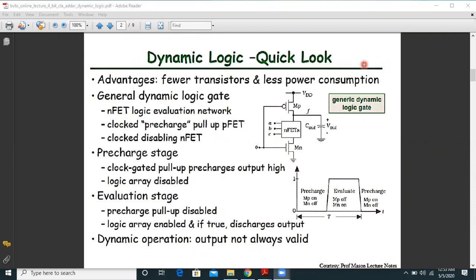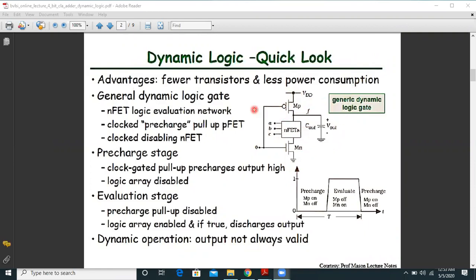In a dynamic logic, it consists of a pull down network, and on top of it you have a PMOS transistor, and to the bottom of your pull down network you have your NMOS transistor. The gates of both NMOS and the PMOS transistor are connected to clock pulse, and the output node is generally connected to a capacitor.